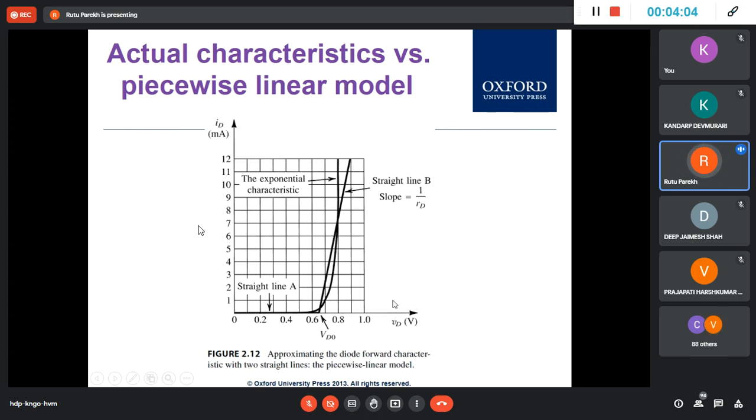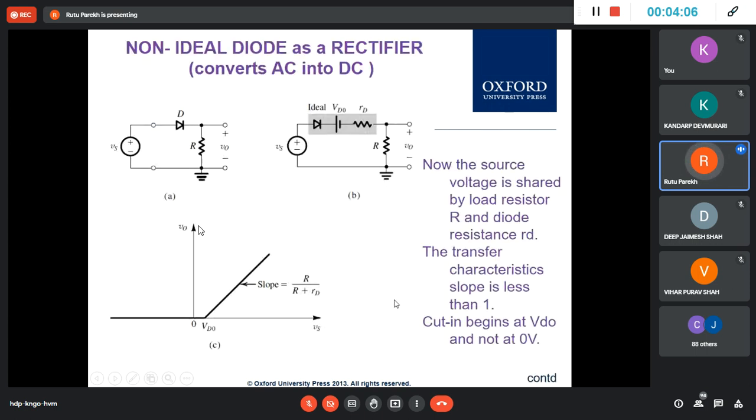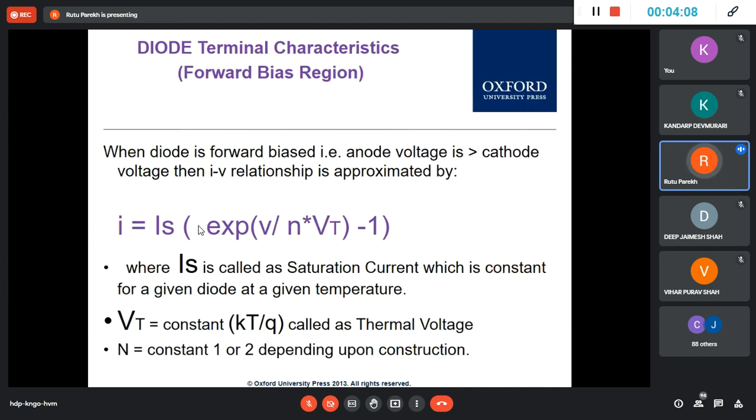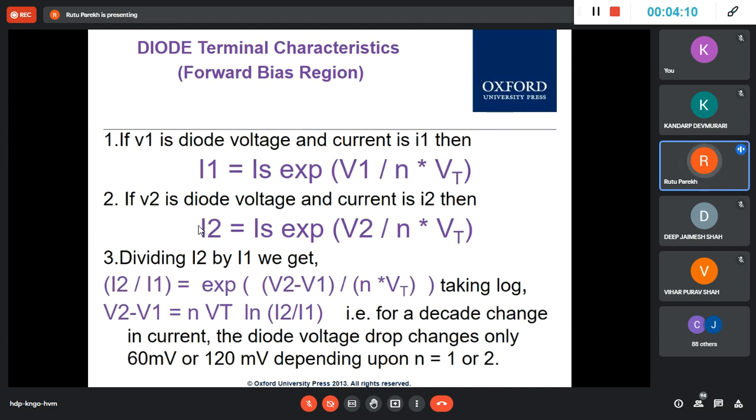And that's what we saw here also in the equation form, that if you take the ratio of the current as 10 times change, then the change in the voltage for a 10 times change in the current is 60 millivolt for n is equal to 1 and 120 millivolt for n is equal to 2.